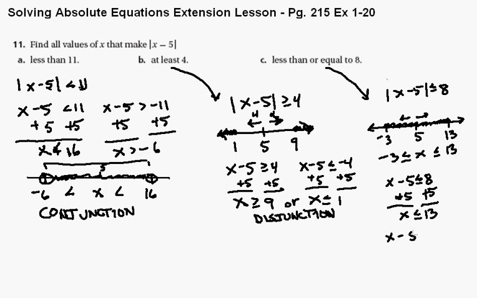Here I have x minus 5 greater than or equal to negative 8. And if I add 5 to both sides on that, I get x greater than or equal to negative 3. And that is indeed the case. X is less than or equal to 13 and greater than or equal to negative 3. So that turns out to be the case.